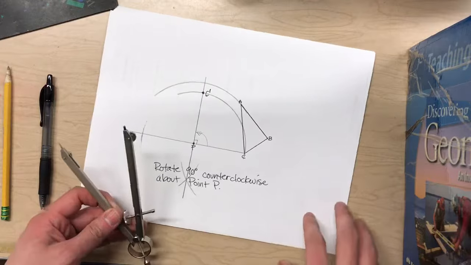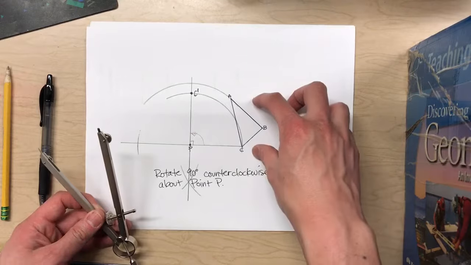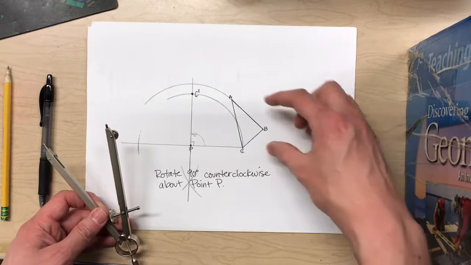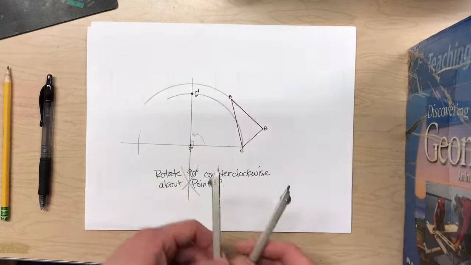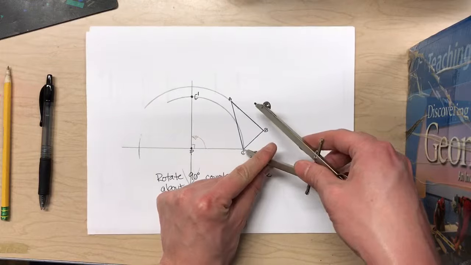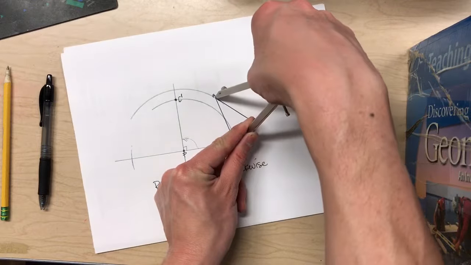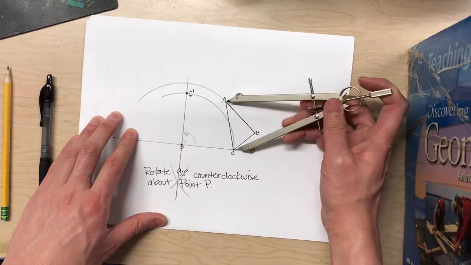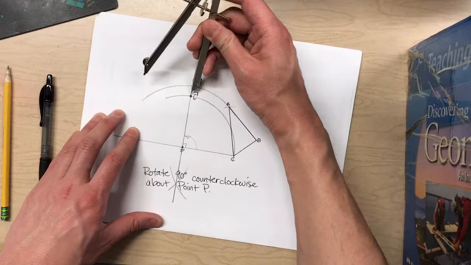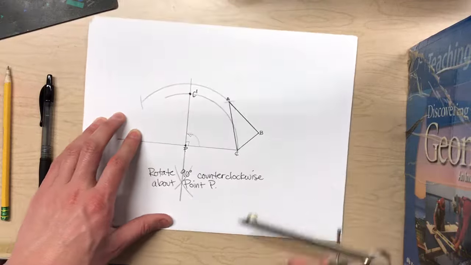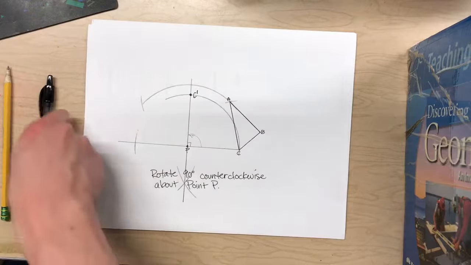But the other thing I know about rotating a figure is the size isn't gonna change. So in other words, I know this distance from A to C, this distance right there. Let's see if I can match it up. I know this distance from A to C is not gonna change. So if I can line that up with my compass, and then I can recreate it off of C prime. Ooh, I made that just long enough.